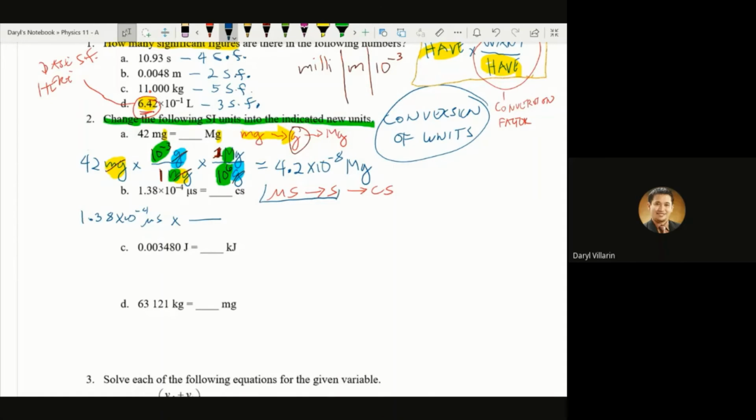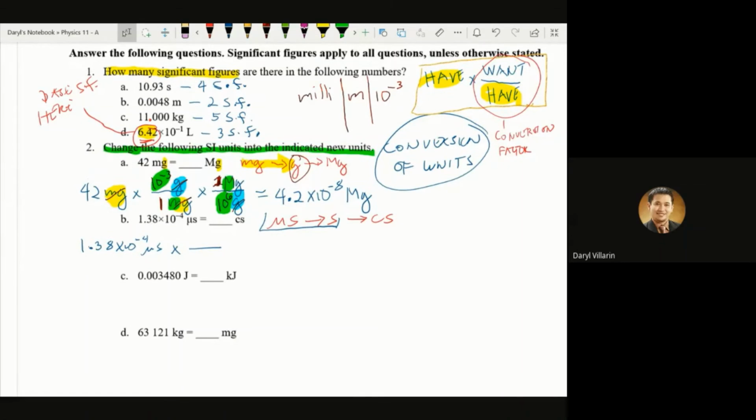So I will convert my microsecond to second. Following the same diagram, have times 1 over have. I'm going to take note of the unit of what I have. It's microsecond. So again, do the placement first. Microseconds should be at the bottom, and then I want second, so second should be on top. That's the first thing that you do.